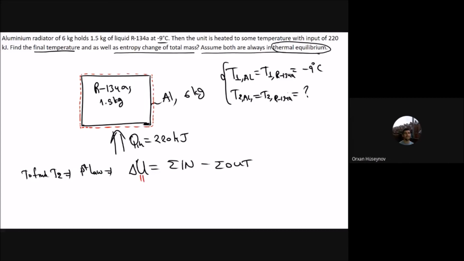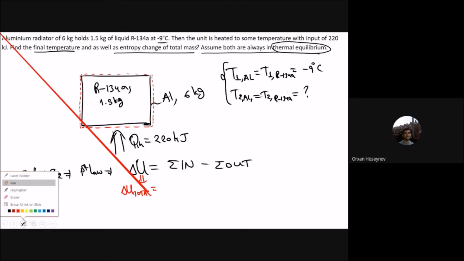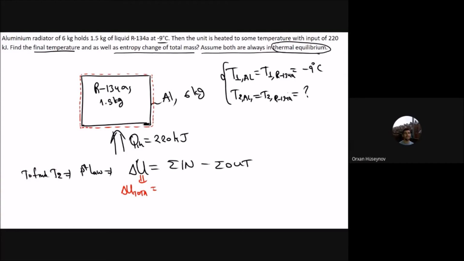So delta U total will be equal to U2 aluminum plus U2 refrigerant, minus U1 aluminum and U1 refrigerant, the second stage minus the first stage.